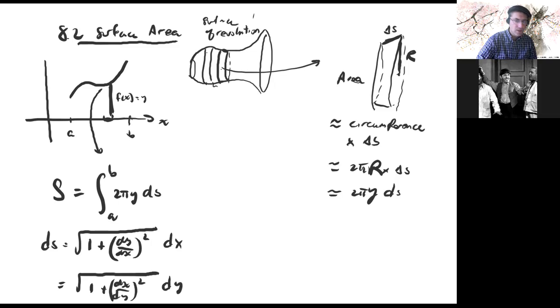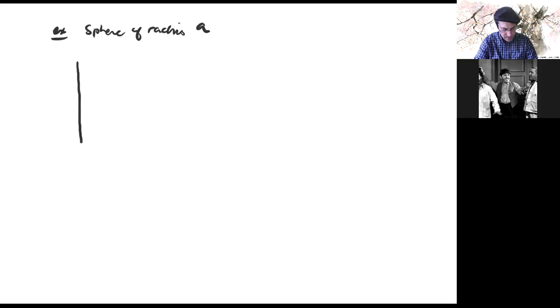And now I'm going to do some problems. So I need to clear the screen. Okay, so let me start with an example, a sphere of radius a. So how can we get a sphere of radius a? Well, we can take the upper semicircle, y equals the square root of a squared minus x squared.